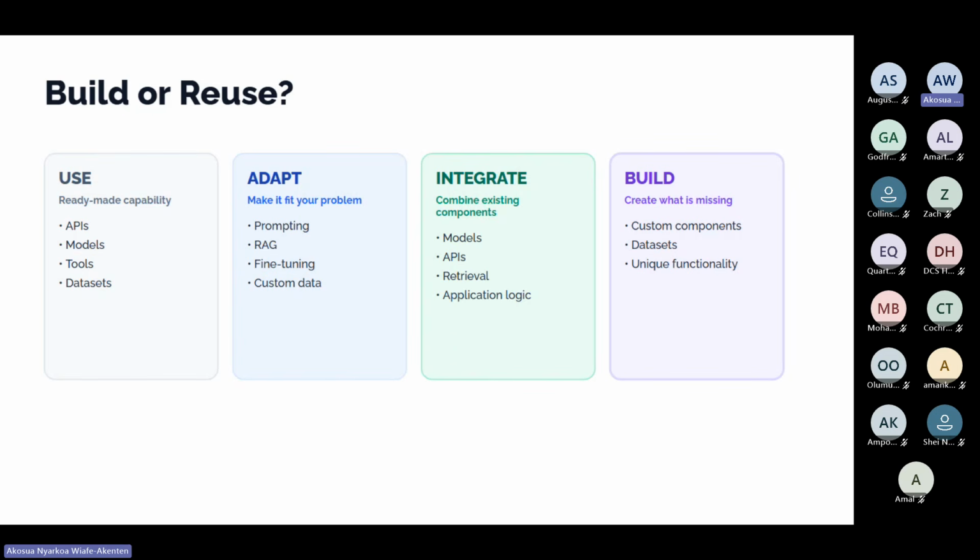Then when we talk about integration, as I said, when we looked at the speech conversational AI systems, we realized that it adopted speech technologies, language technologies, and so many other things to bring us one solution. So you may realize that the solution you are building may need to combine different components together to get you that solution you are thinking of.